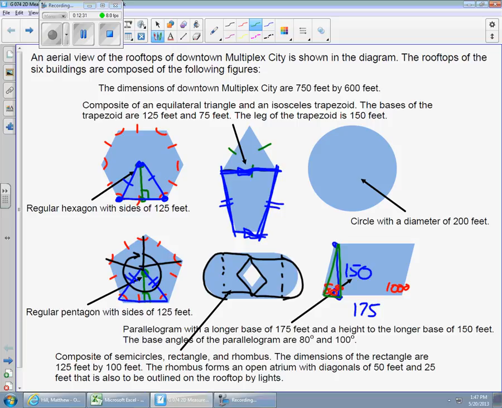You might be able to tackle Pythagorean theorem with it if you can find enough information. But if you cannot find enough information, that 80-degree angle is acute. You have an acute angle in a right triangle. Once again, when that happens, you can set up SOHCAHTOA, use sine, cosine, tangent, and that will help you solve for your missing side length on your parallelogram.